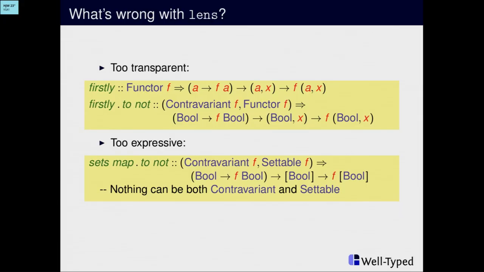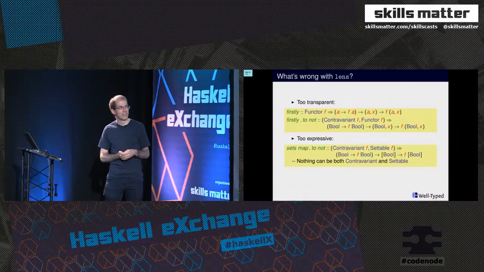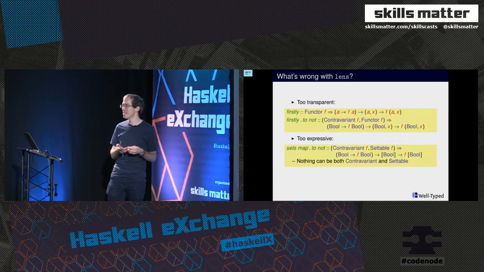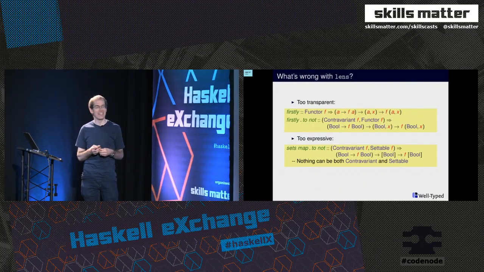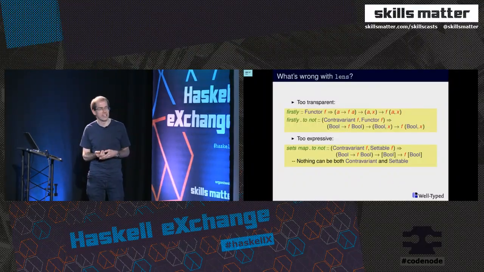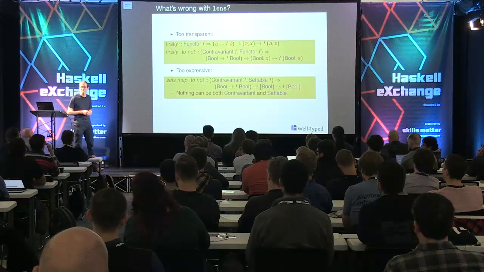But in fact, with the lens library's approach, it does, and the inferred type you get is for all contravariant and settable f, this construction. And it's not at all immediately obvious that, in fact, there's never going to be any instantiation possible of this, because you can't have an f that's both contravariant and settable. The details of why that is aren't too important, but yes, question.